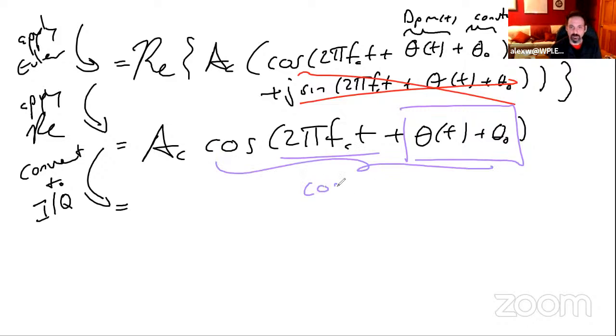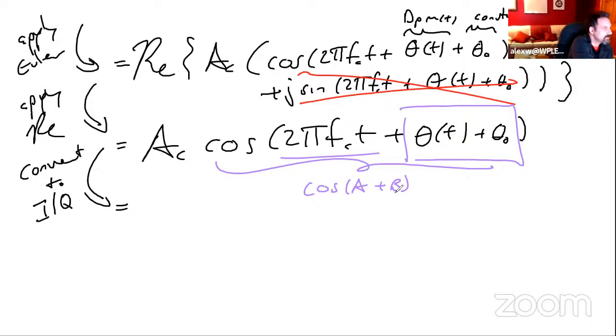So we have basically cos of A plus B. Alrighty, so what's the trig identity for that?